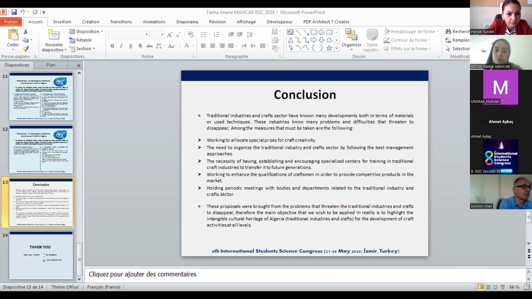We need to organize the traditional industry and craft sector by following the best management approach. We can plan some strategies for making craftsmen teach it to future generations to develop these crafts. Thank you.